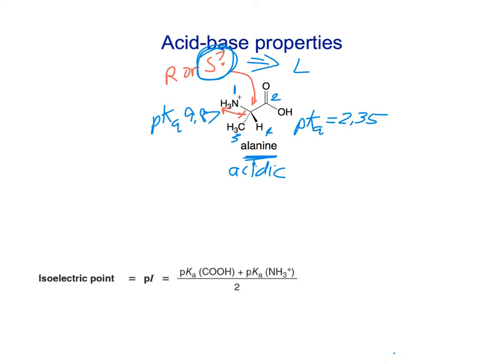All right, so what if we had... So this form, we would have at a pH less than 2.35. Okay? What about if we had a pH of 7? What would the ionization state be?